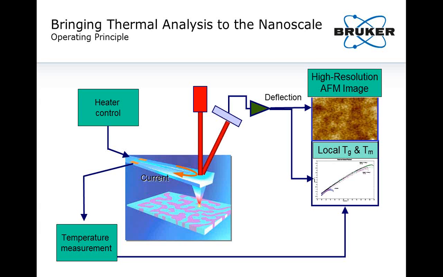This image is then typically used to find target locations for individual spot measurements. So the probe is then parked at one of these locations of interest, and the temperature of the probe is being ramped up very rapidly. It's done usually significantly more rapidly than for bulk TMA, so as to keep the heating of the sample local.